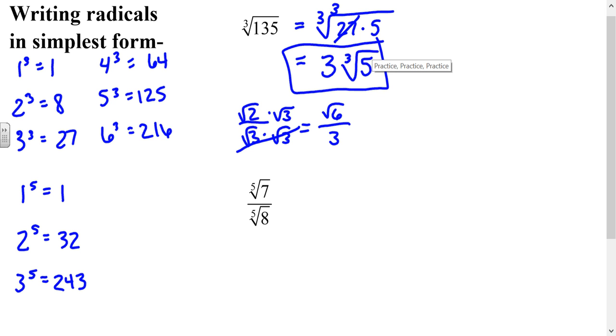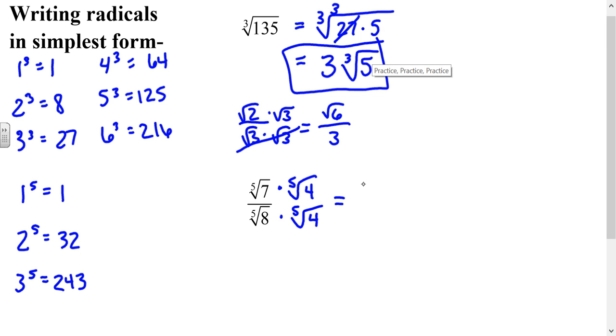So what can I multiply 8 by to get one of these numbers? Well, I know that I can turn 8 into 32 by multiplying by 4. So I'm going to multiply this by the fifth root of 4, because 8 times 4 is 32, and then I can take the fifth root of it. Now, whatever I do to the bottom, I have to do to the top as well.